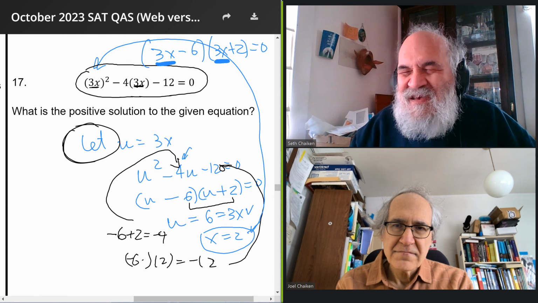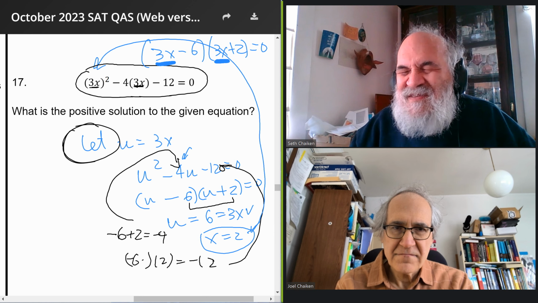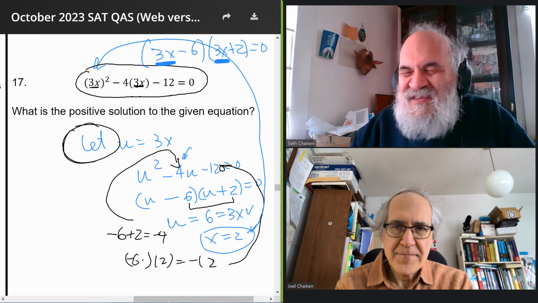So finding the value of 3x that solves the equation really leads you to finding the value of x that solves the equation. And then you make sure to pick, since 3x is positive exactly when x is positive, you just do that.